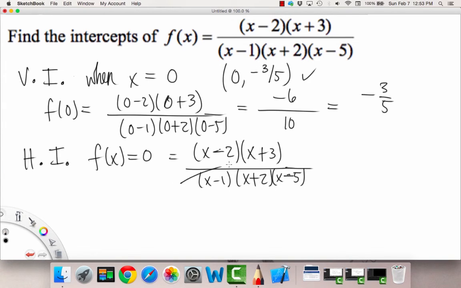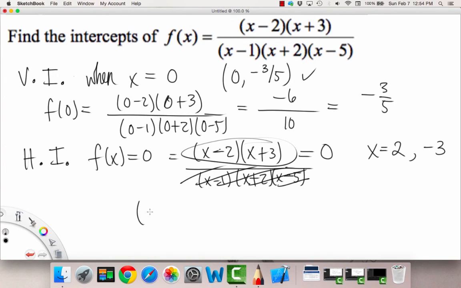So in this sense, we don't really care about the bottom at all. The top is what's going to allow our function to go to 0. So we just set the top equal to 0, okay? And we find x is equal to 2 is one of them, and x is equal to negative 3 is another. So we could say that our horizontal intercepts are going to be 2, 0, as well as negative 3, 0.